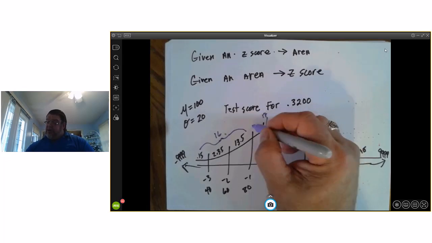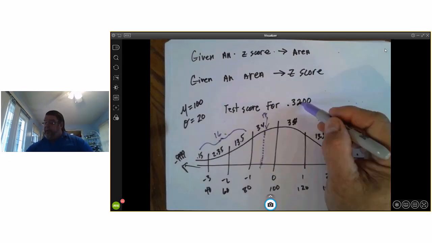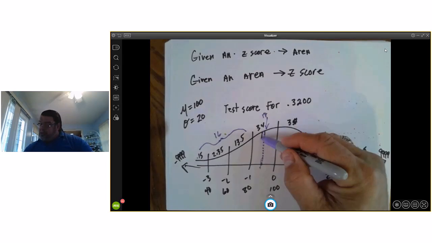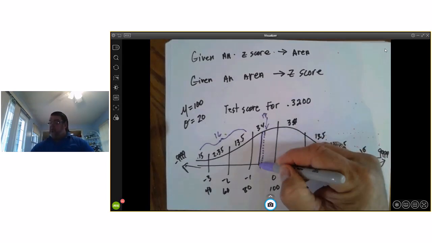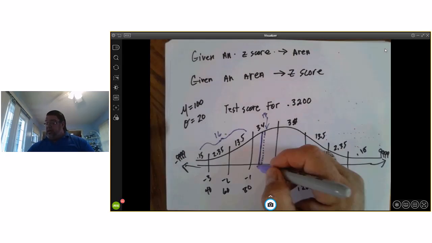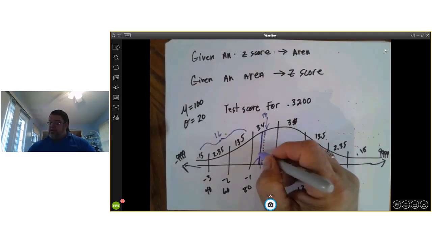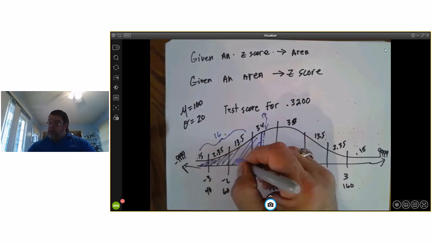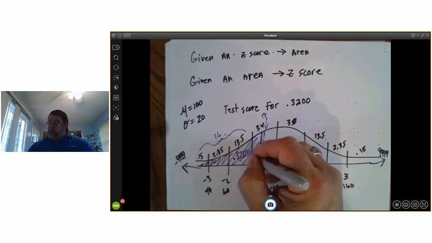That's 33%. We need 32%. So I'm going to say 32% is going to fall right in there, and this right here is 32%, 0.3200.